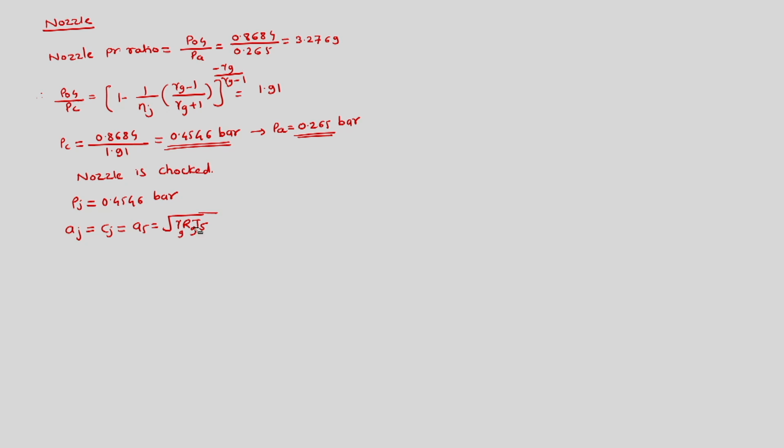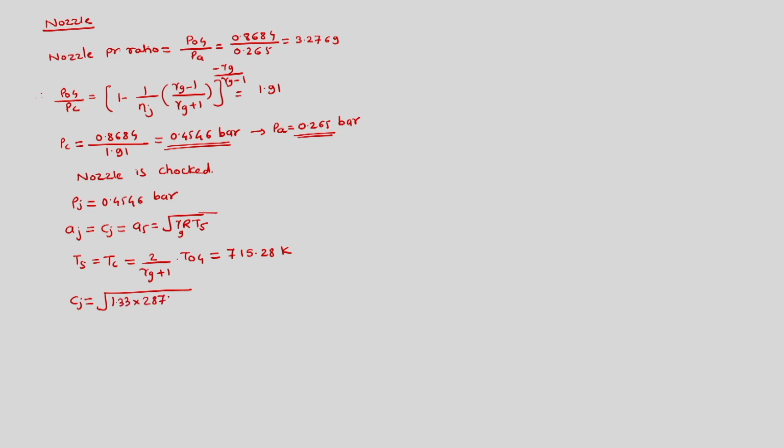And for the gas we will take this R for air, which is similar. For this we need T5, so T5 is equal to Tc, which is 2 upon gamma g plus 1 into T04, and it turns out to be 715.28 Kelvin.